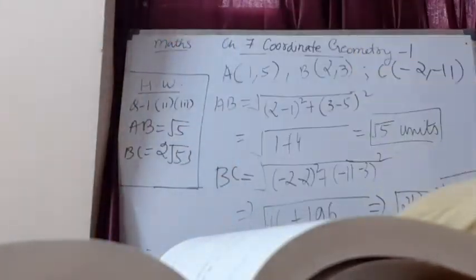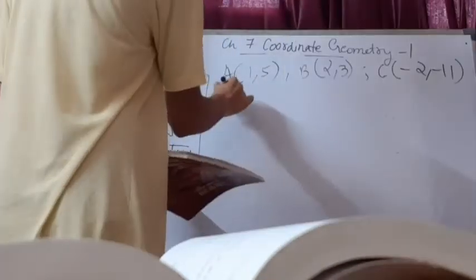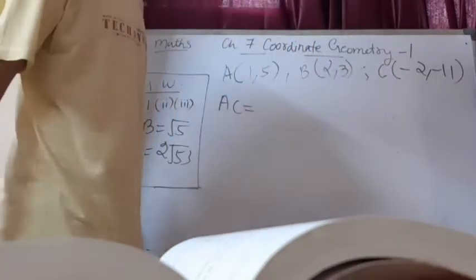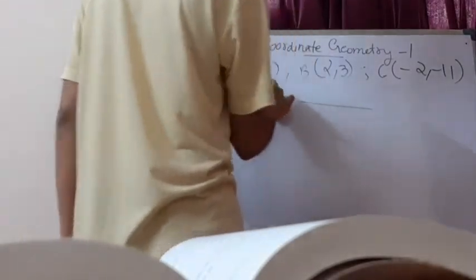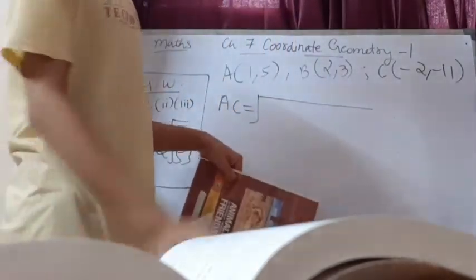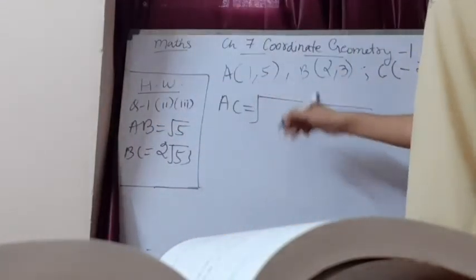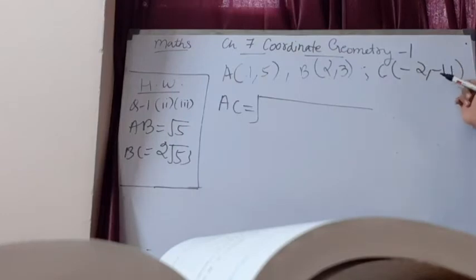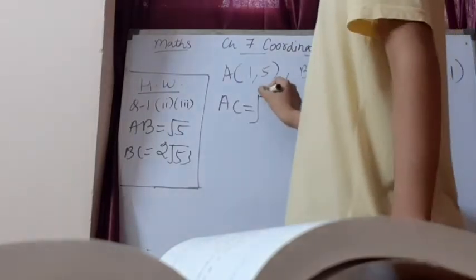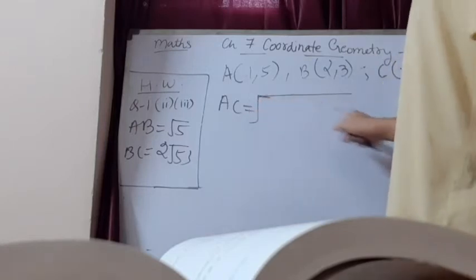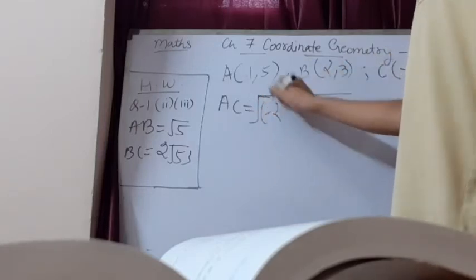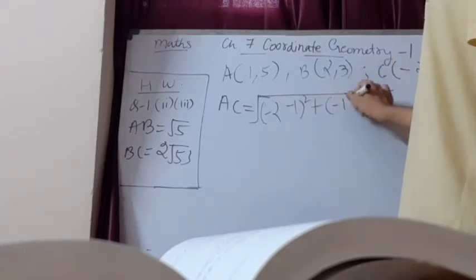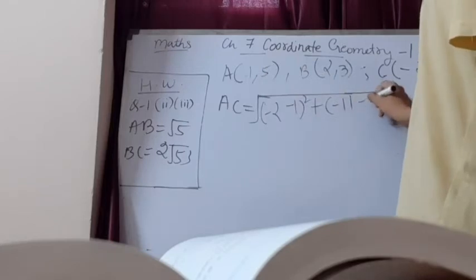Now we are moving to our AC. See, now your AC is going to be this, A and C. So under root of what? This is your x1, y1, x2, y2. So first x2, that is -2, minus 1 whole square, plus y2, minus 11, y1, minus 5 whole square.